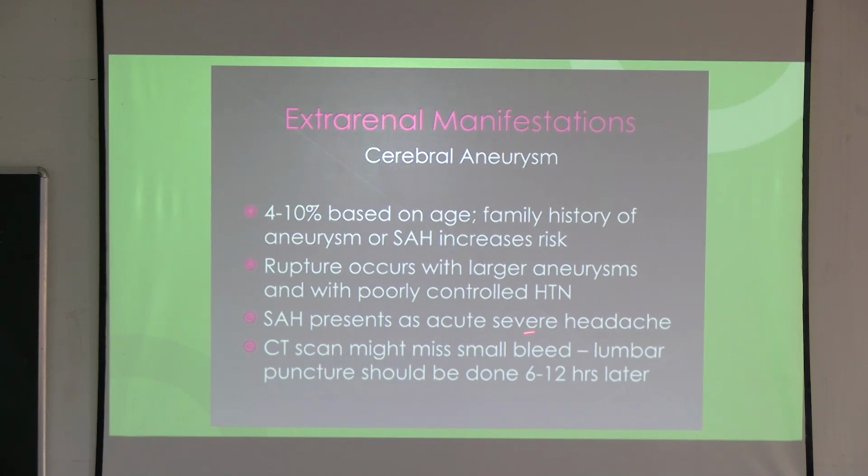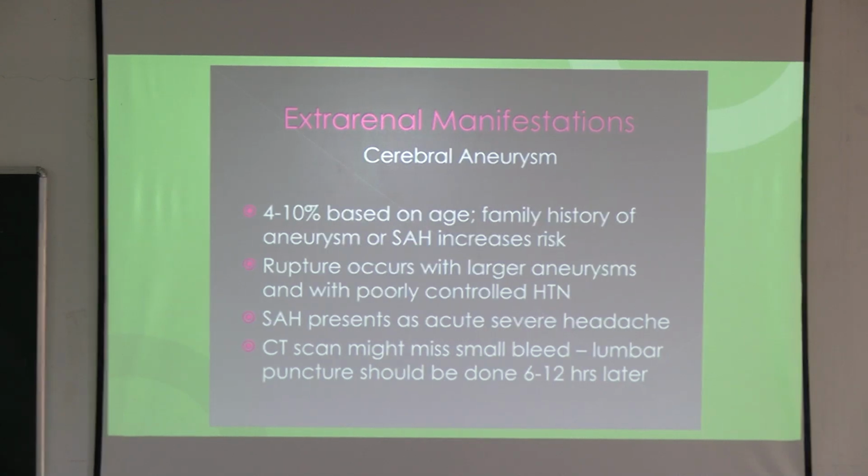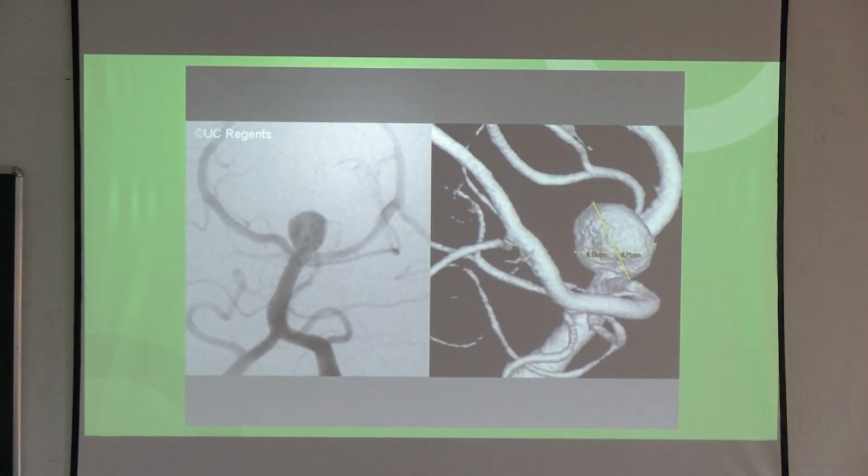subarachnoid hemorrhage presents with an acute severe headache. CT scan might miss a small bleed. Lumbar puncture should be done 6 to 12 hours later. So, CT scan may miss it if the bleeding amount is small. So, what is this? Angiogram, cerebral angiogram. Okay. So, you can see that is saccular dilatation of the cerebral artery.